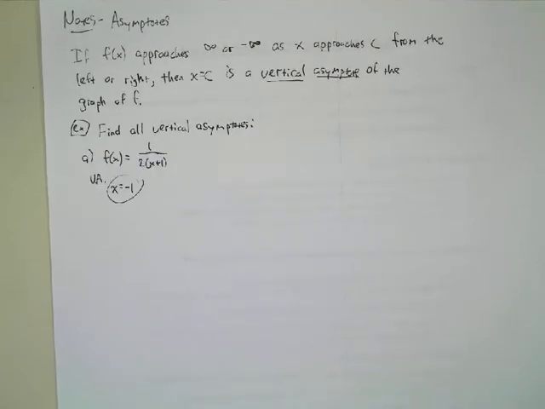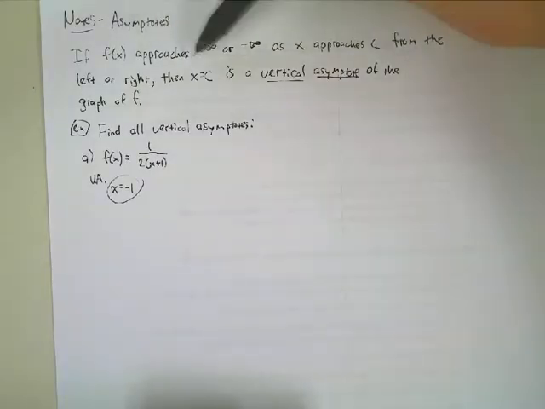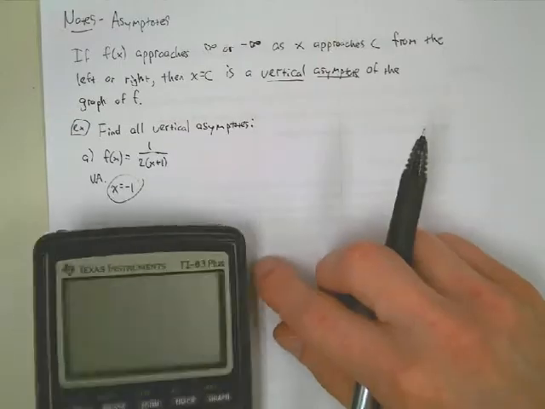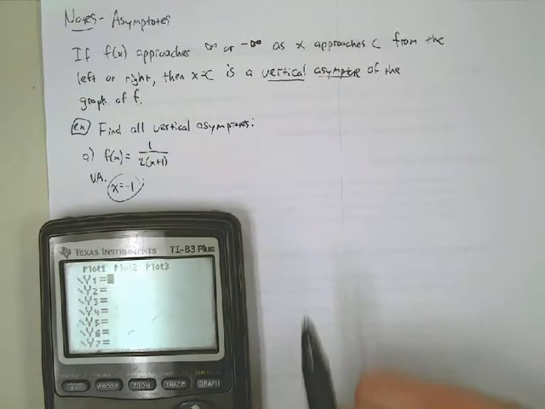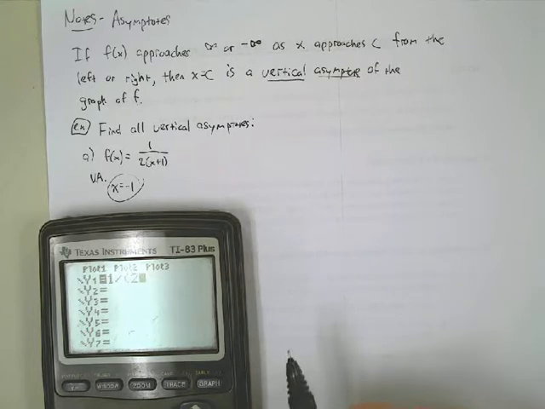If I were to actually check the limit, because really we define vertical asymptotes by using limits, as x approaches c from the left or right, the function should go to positive or negative infinity. So I'll just try and convince you of that here with this one. Okay, so 1 over 2 times x plus 1.